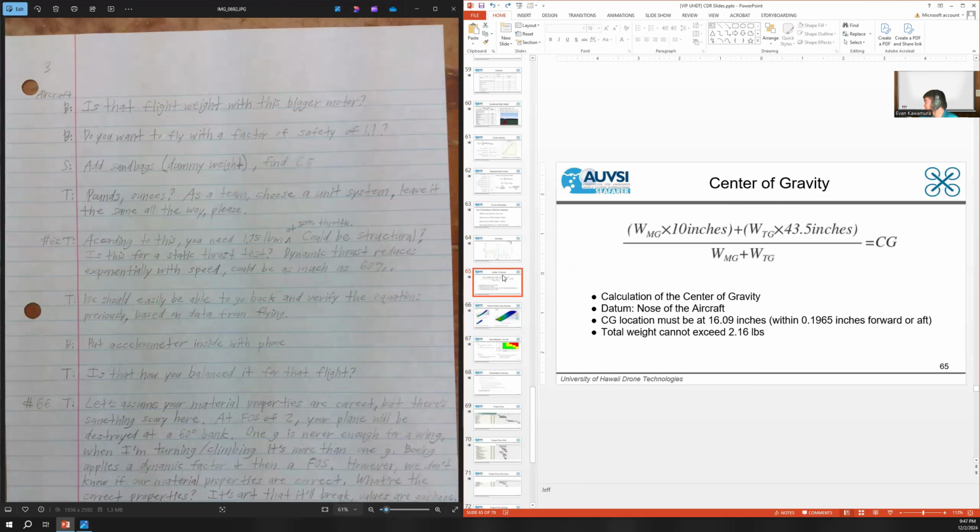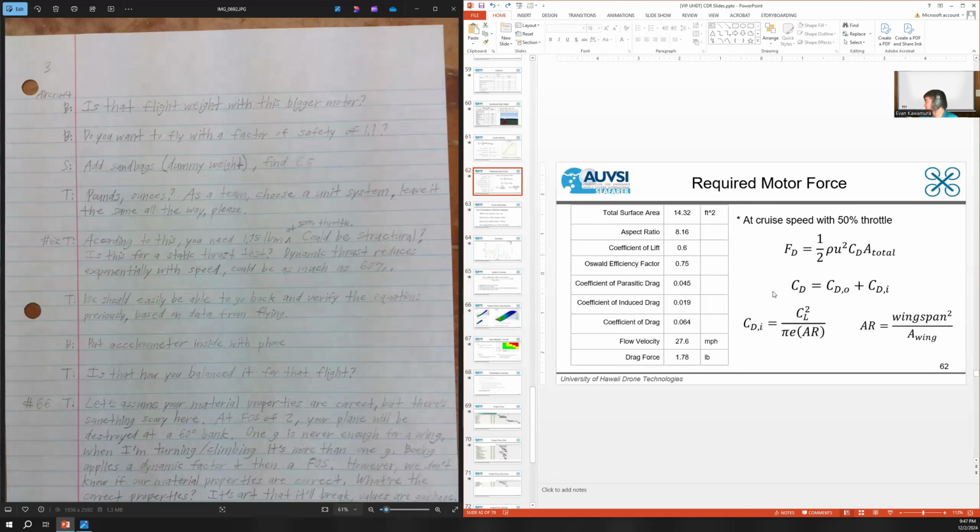Yeah, so this is pretty lacking in detail and explanation. If you have 1.75 pound mass, I don't know where that 1.75 is coming from. Let's throw all these numbers in. Okay, maybe you get 1.75. I don't know. But no, I don't think this was a static thrust test.